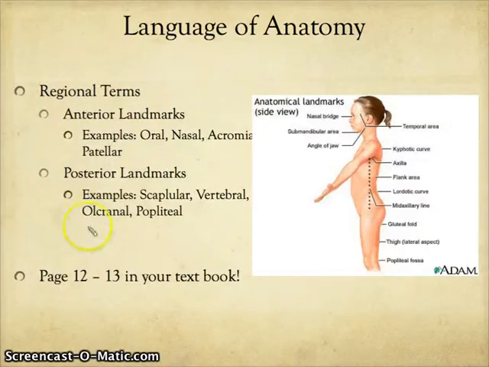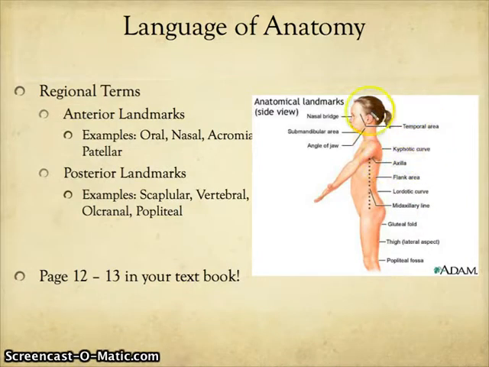Now, regional terms. The regional terms are really important for you to know. They're on the memorization quiz, and you have to memorize this. There's no other way around it. As soon as you know the axillary region is the armpit, you now know where the axillary vein or the axillary artery is. Here it's referring to the kyphotic curve, that's this area on the back.